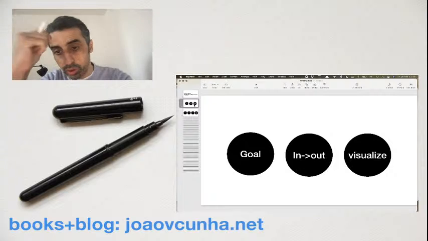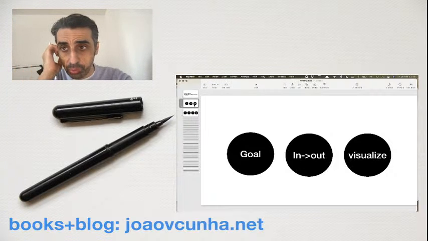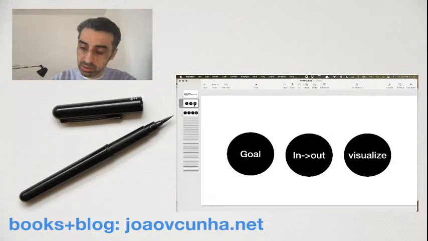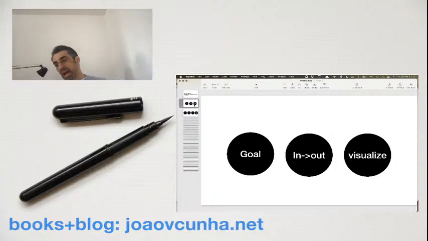Now, the third insight that I want to share with you is how important it is to visualize outlines, okay? So I basically do a 3-screen split in Scrivener, right? So I use the split screen view on Scrivener to have, on the left side, what I'm working on, so that's the outline.